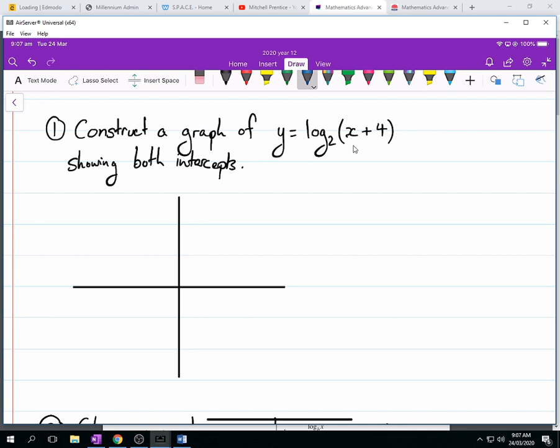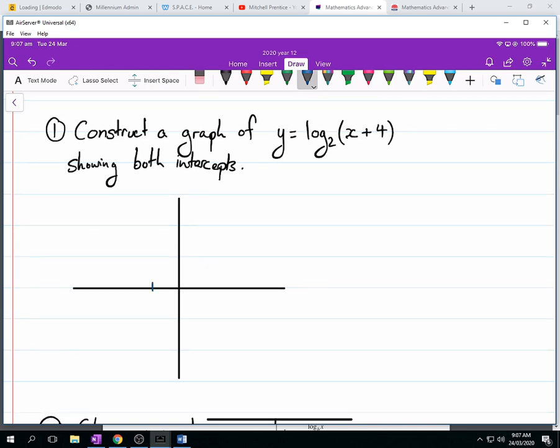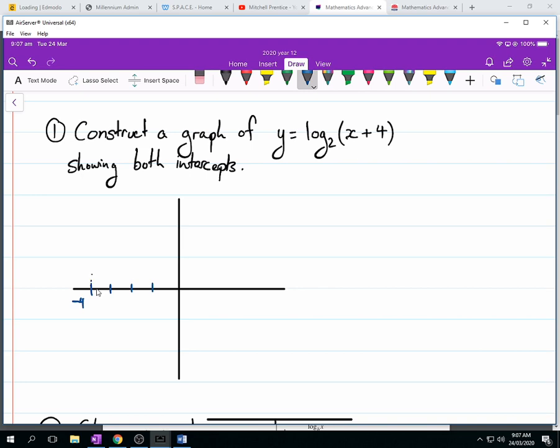So that would mean that the asymptote would be moved 4 units to the left at -4, and that is the line that this graph has never reached, and it would mean that the graph therefore would go up here and go through at -3. Okay, at -3 and work away across. So y is equal to log base 2 of x plus 4.